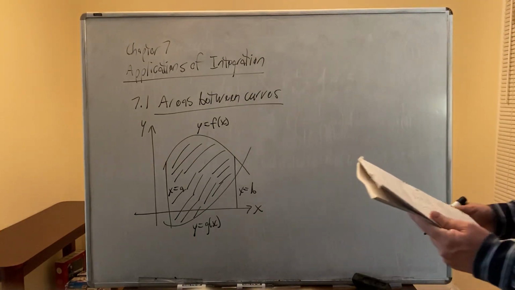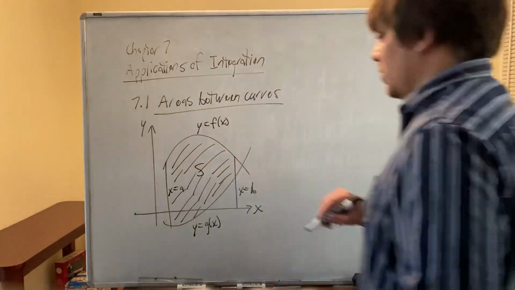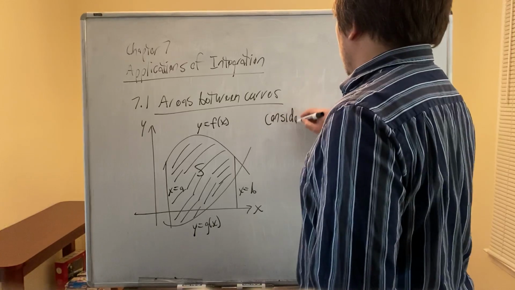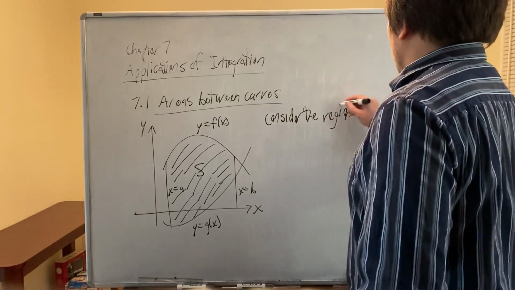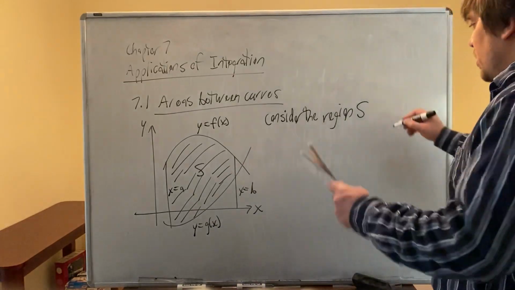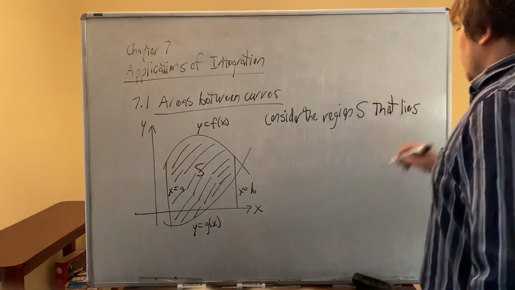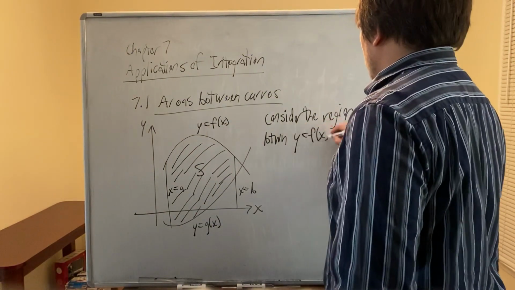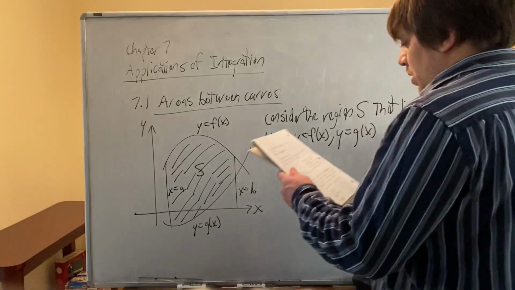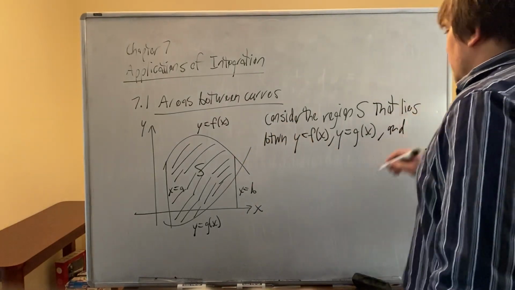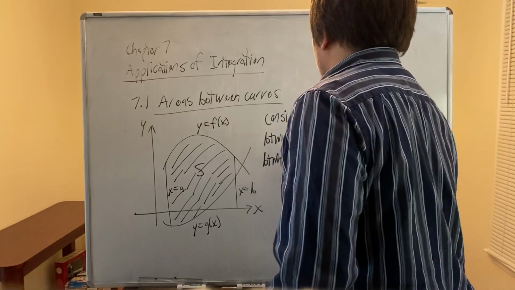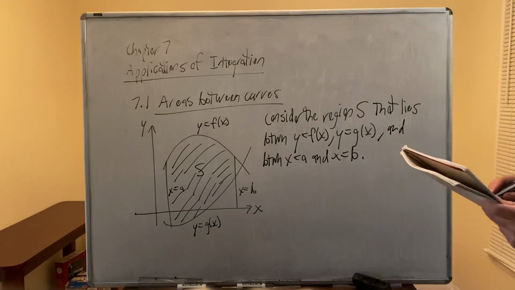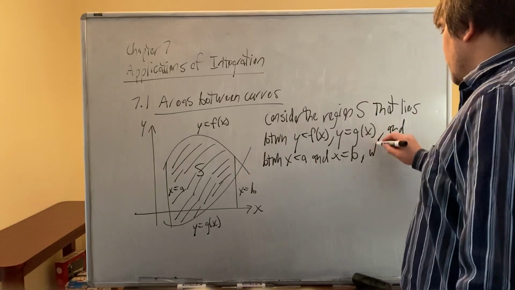Okay? We'll call this region S. So consider the region S that lies between y equals f of x, y equals g of x, and between x equals a and x equals b, where f and g are continuous.